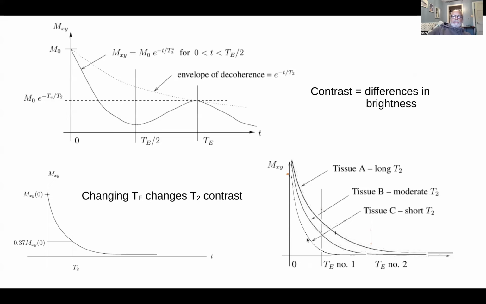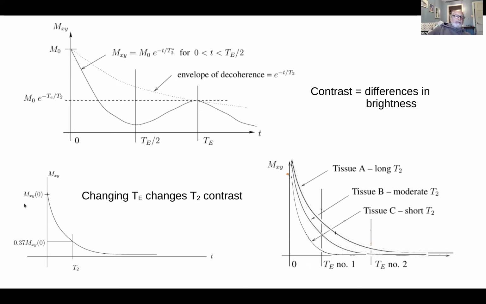And if you're looking for a T2 contrast, you're going to want to keep TE short so that the differences are larger between these tissues than at a long TE time. At a long TE time, the signal will be very small, and the differences between the different tissues will be even smaller. So to get a T2 contrast, we want to keep TE short.